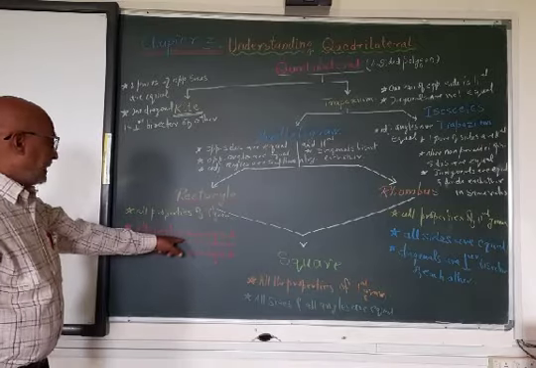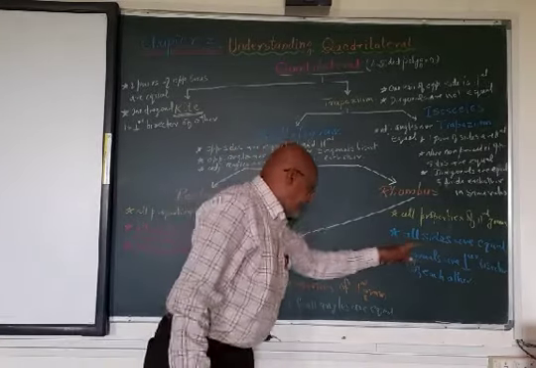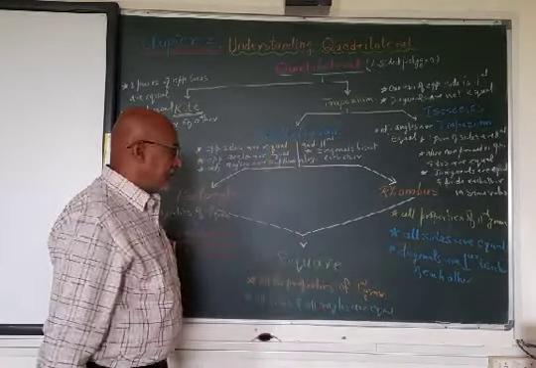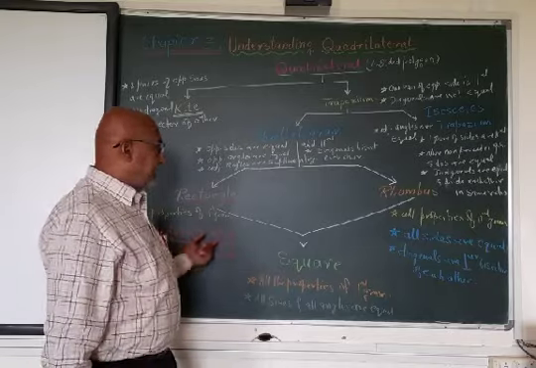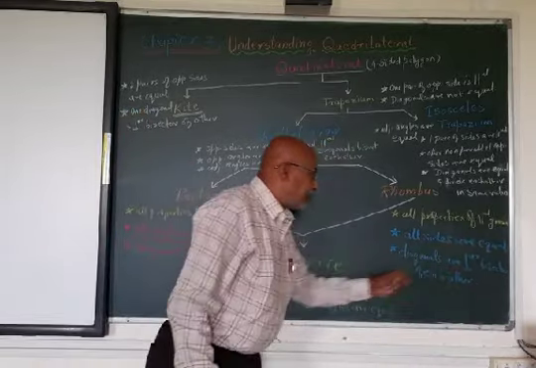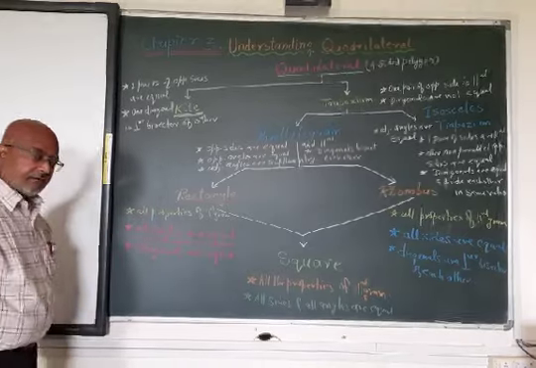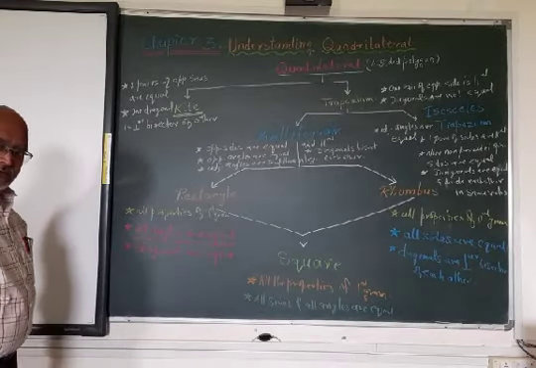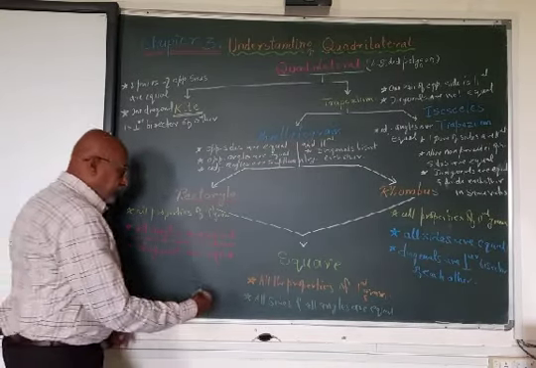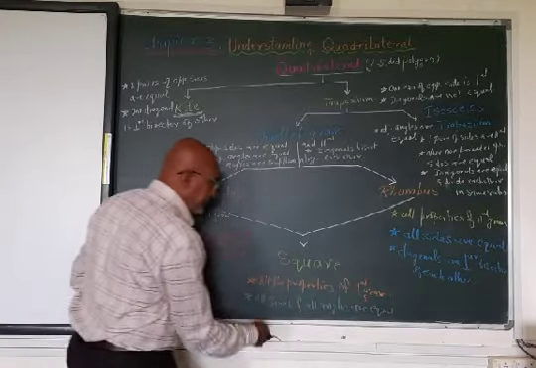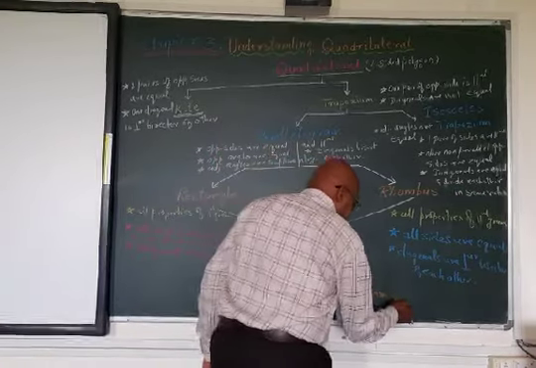Now here all angles are equal, here all sides are equal. So combination of that: diagonals are equal and diagonals are perpendicular bisector of each other. The combination of that. So what we write? Okay.